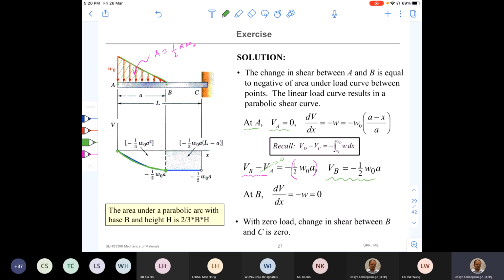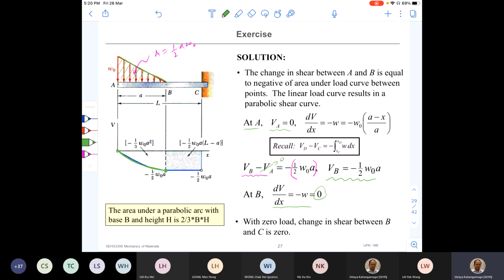Okay, therefore, we know that dV over dx is equal to the negative of load at that point, and it is 0. So we can see that now at this point, the slope is 0. That is the reason why it has this kind of shape. Okay.